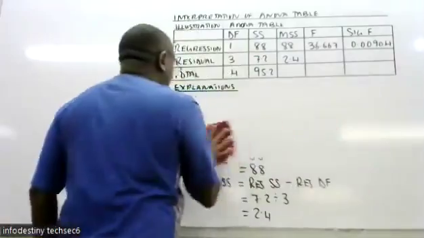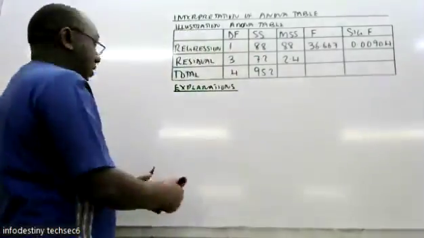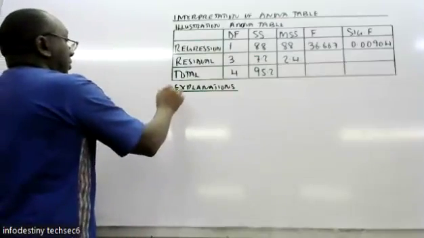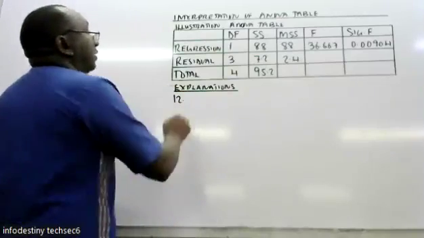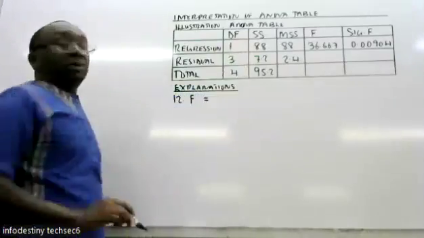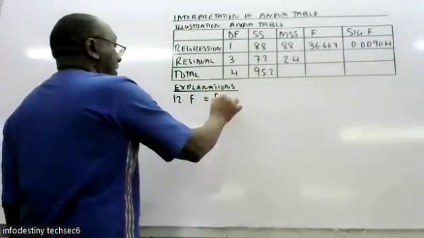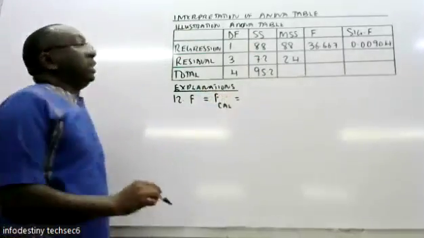Point number 12 is F. This value that you can see here being called F is what we call F calculated.